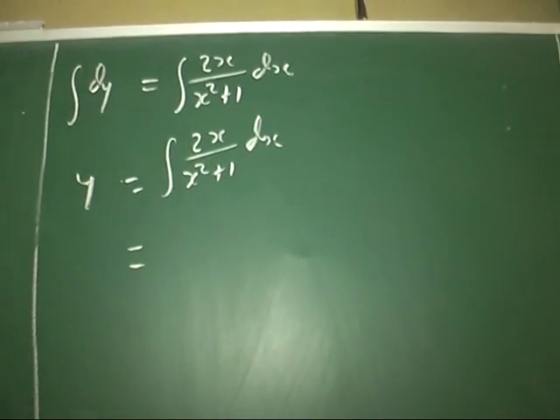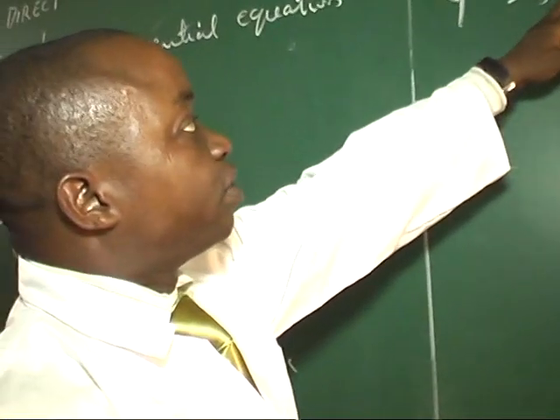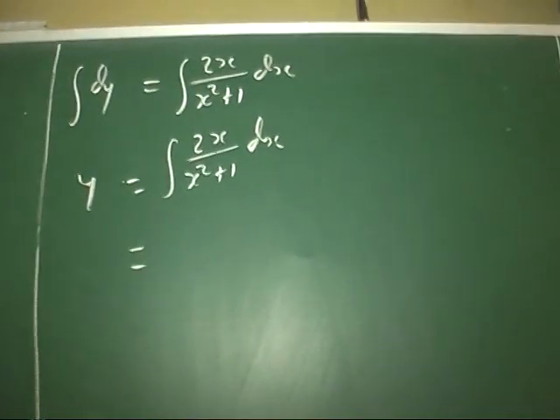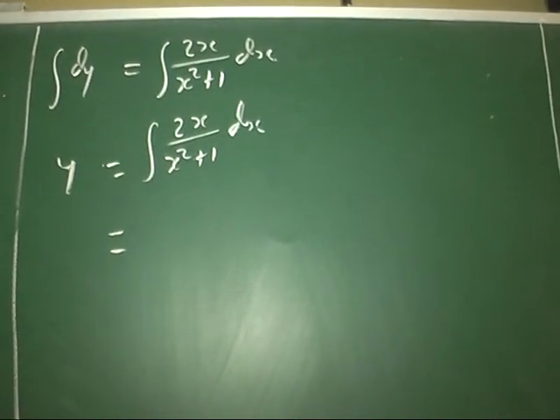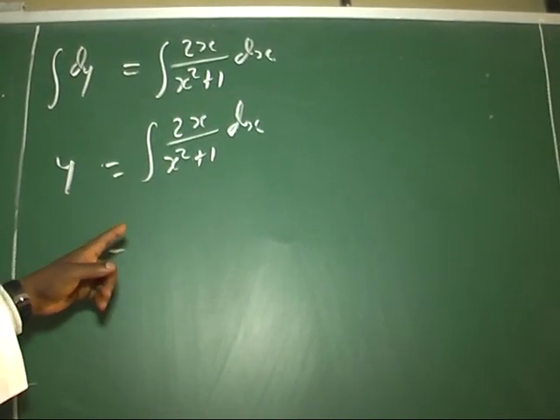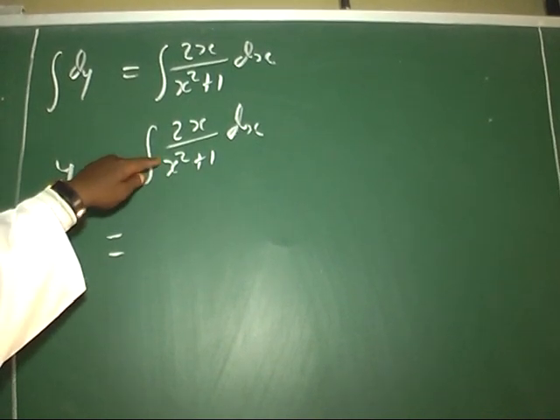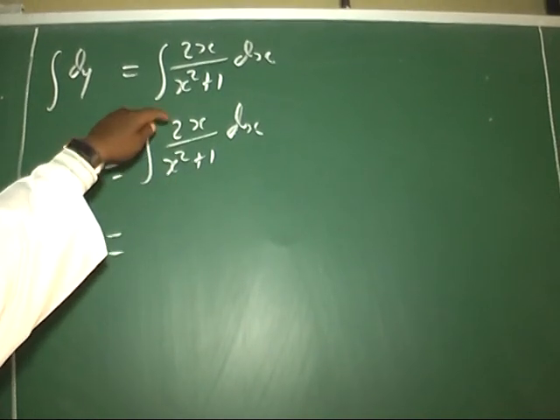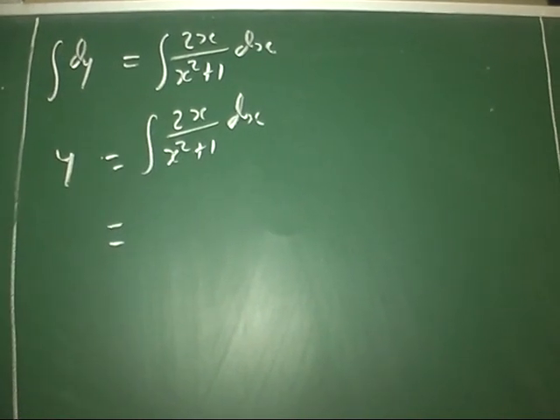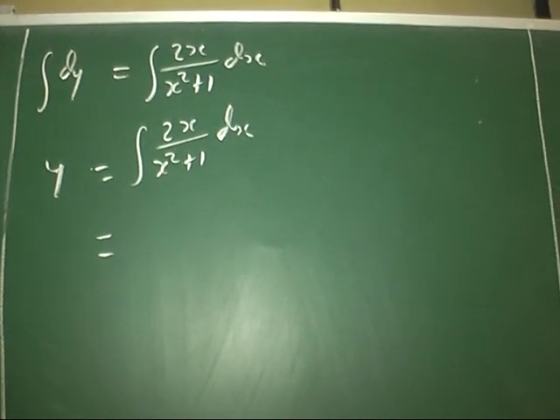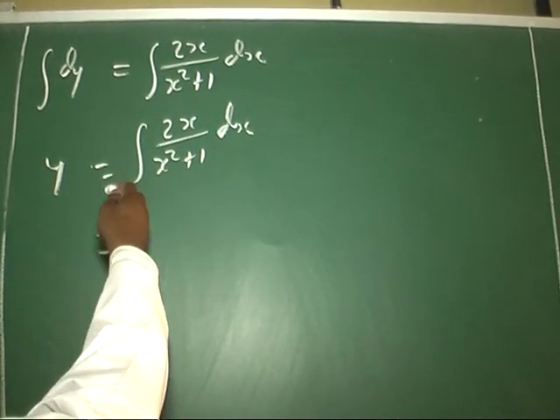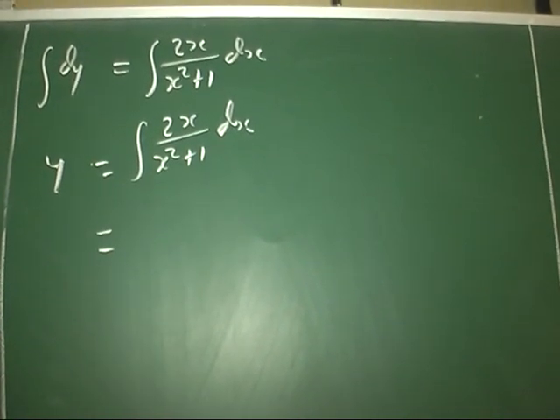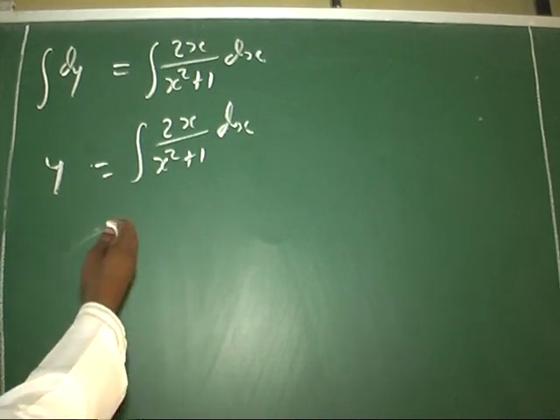Now we recognize this function from our elementary calculus, when we talk about integral calculus, that if we have a function such that the derivative of the denominator is on the numerator, then we can have it to be ln of the denominator. But let's just recall how we perform the integration.